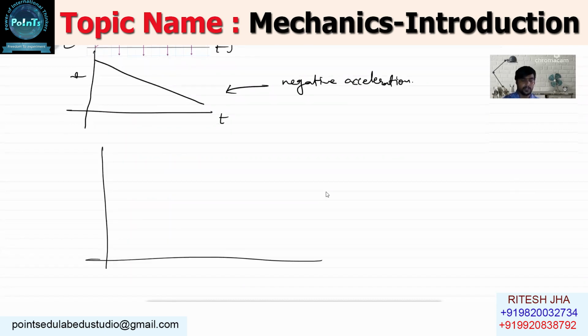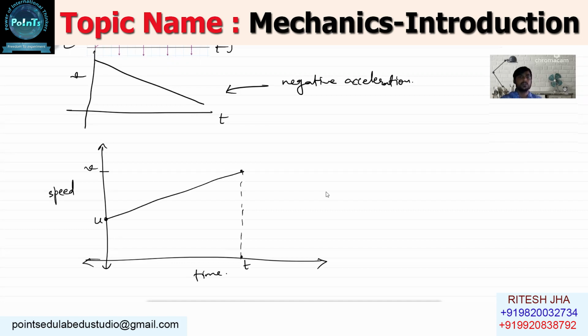I'm taking speed versus time, because we are considering the straight line motion. But later, I'll be generalizing the whole thing. So let's consider the speed time graph over here. We have the object changing its speed from u to v, let's say, in time t over here.